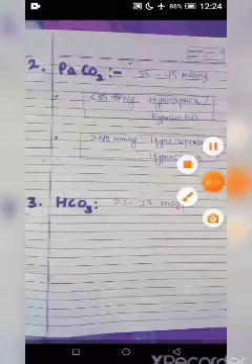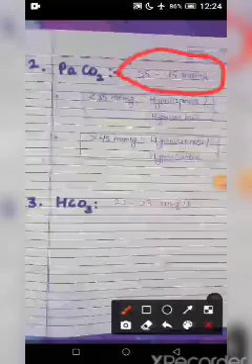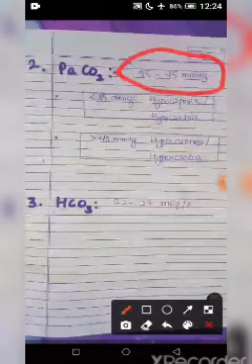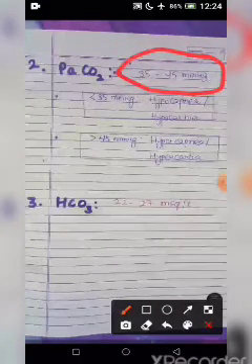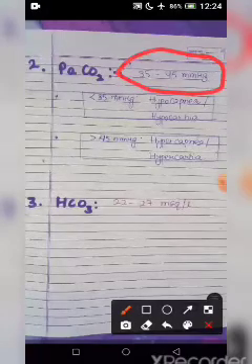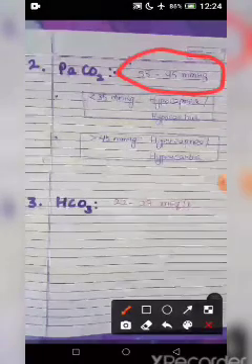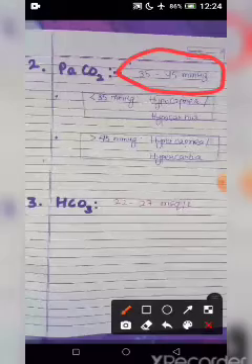Next come to the point, that is partial carbon dioxide. So the normal level of the partial carbon dioxide in the blood is 35 to 45 mmHg. In this we will discuss hypocapnia and hypercapnia.